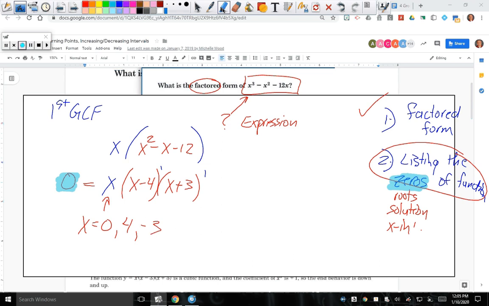And the reason is that these values are what make each piece 0. If I plugged in this first one right here, it makes everything 0. Everything will become 0. Why? Because 0 times anything is 0. Okay? These are important.